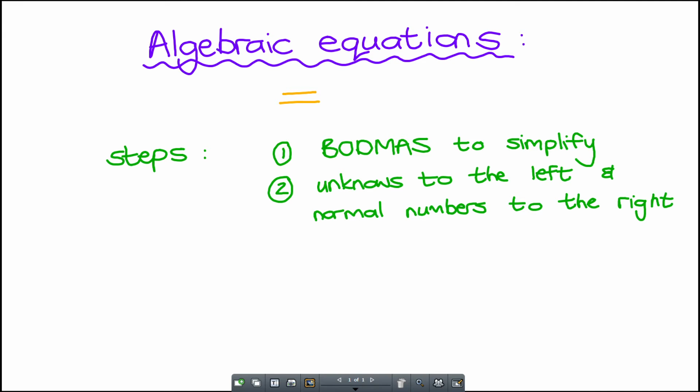Okay, once we've done that, step 3 is we get rid of the coefficient.